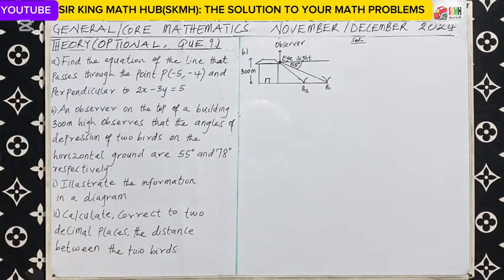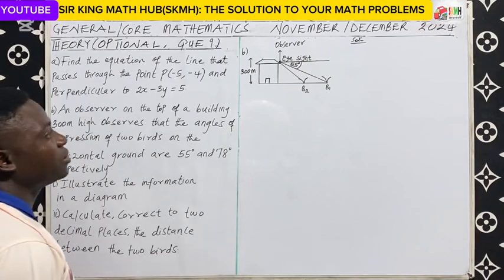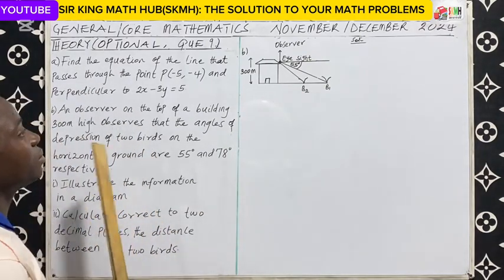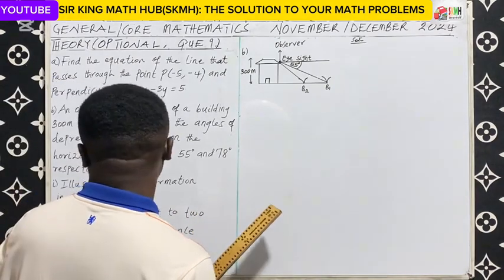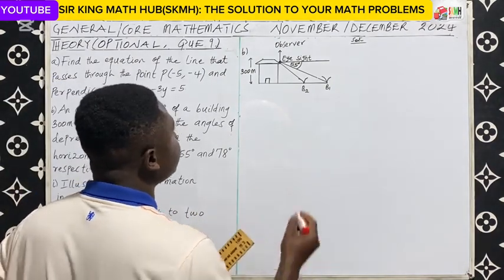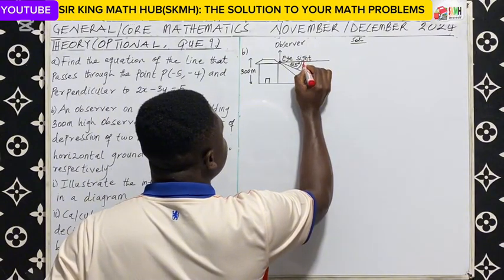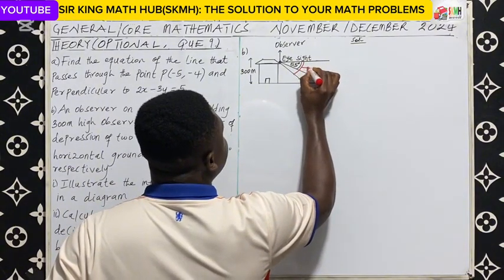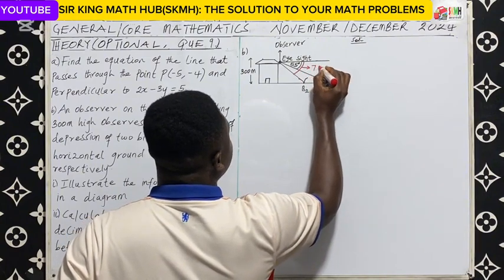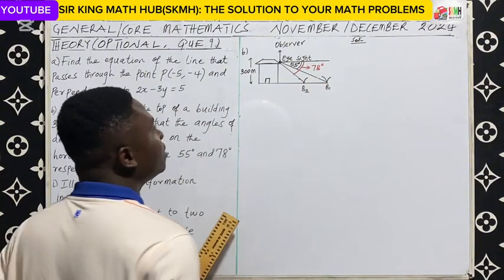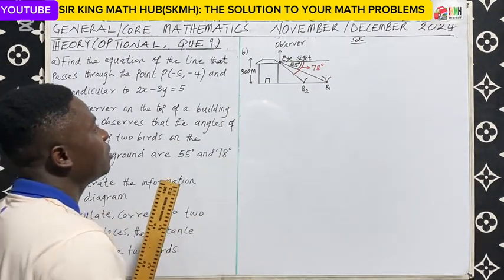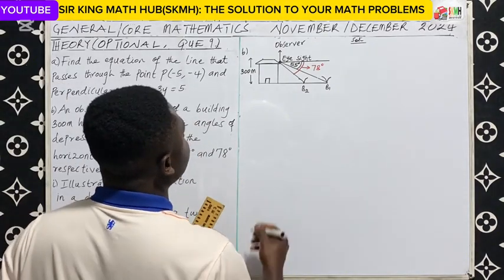Now also from the same eyesight to the second bed, the angle there measures 78 degrees. So from here to the line that connects the second bed measures 78 degrees. So with this, we can transform this into a triangle.